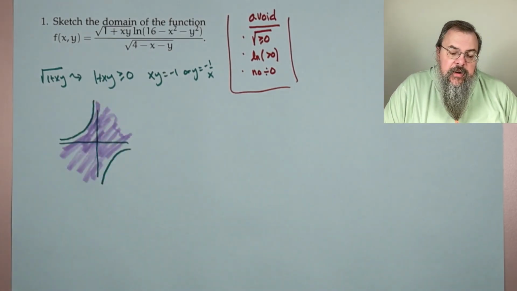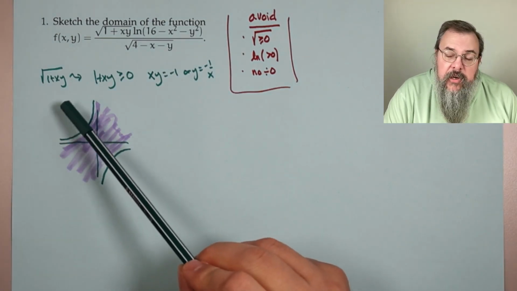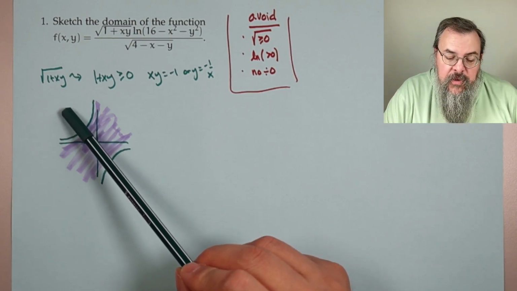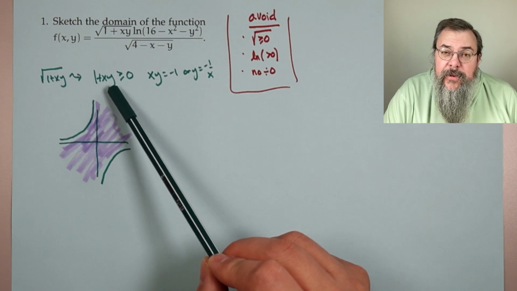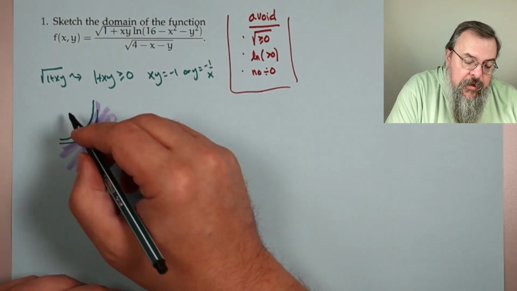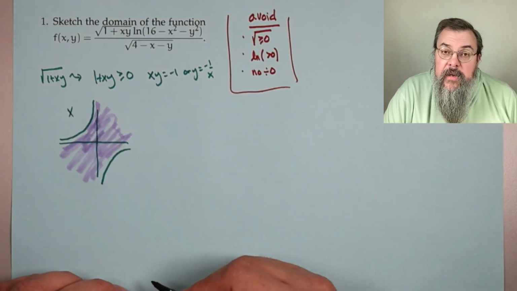And now we say, okay, what about other points? Well, say I pick a point out here where x is negative 2, y is positive 2. 1 plus negative 2 times positive 2, that's 1 minus 4. No, that's not greater than or equal to 0. So that part is out. It's not in our domain.